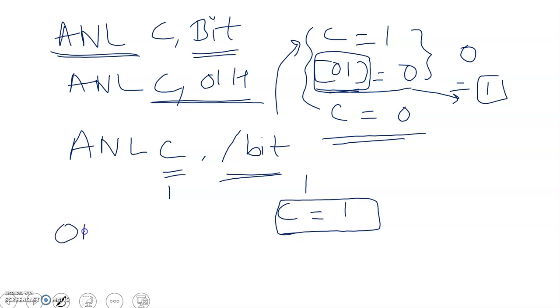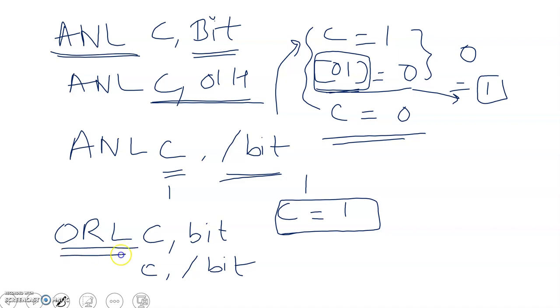Then we have the ORL instruction, ORL C, bit. Again we have ORL C, /bit also. On the same pattern, this is an ORing operation. If C was 1 and the bit I am taking is again 01H, which was 0, then ORing gives C equal to 1.